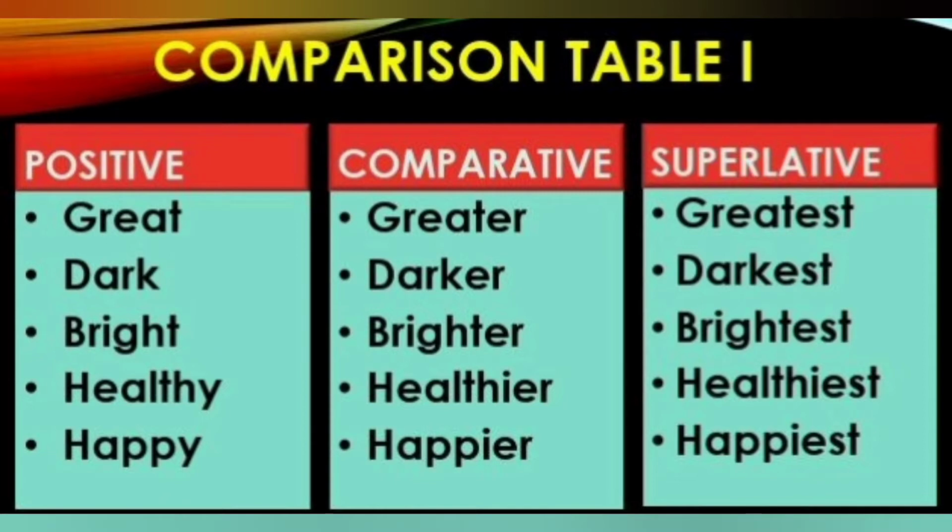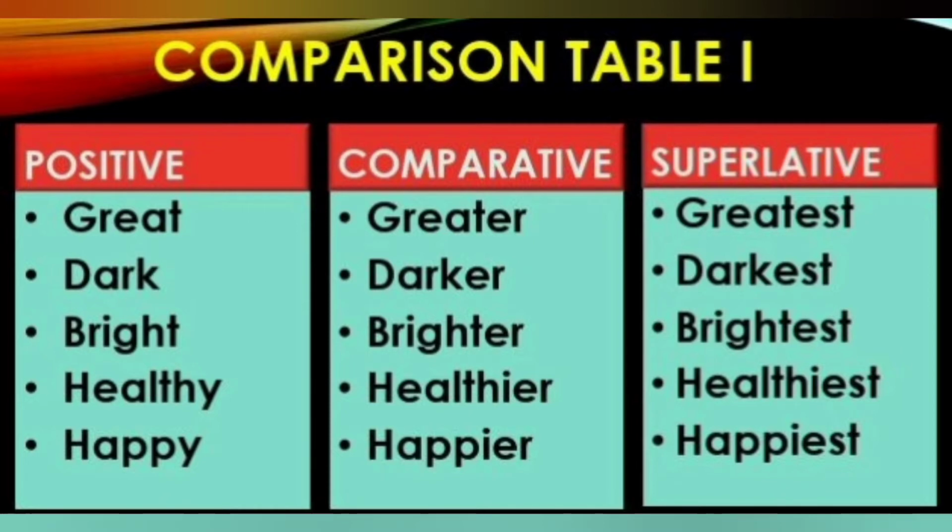The first type is, in positive degree, the adjective. When it is changed to comparative degree, we add ER to the adjective, and then in superlative degree we add EST to the adjective. That's what is to be done. Here are some examples. Great, greater, greatest. Dark, darker, darkest.